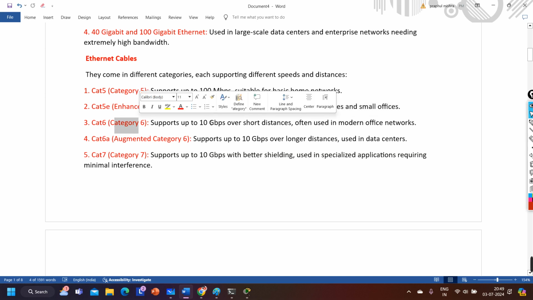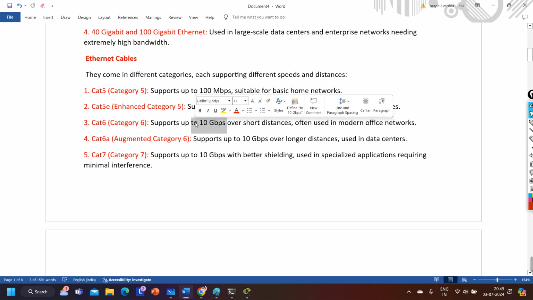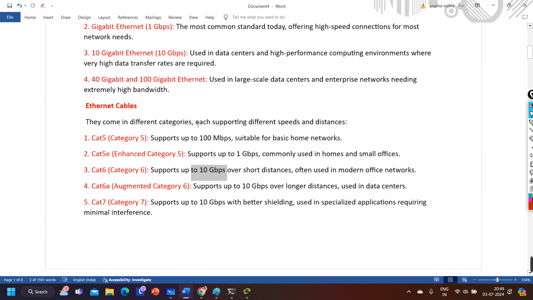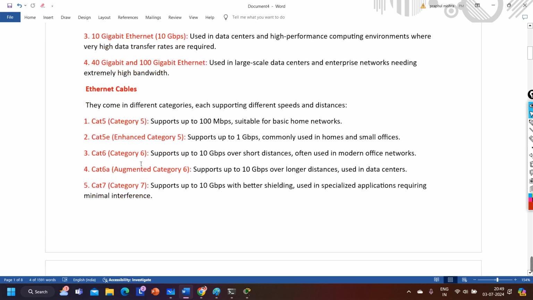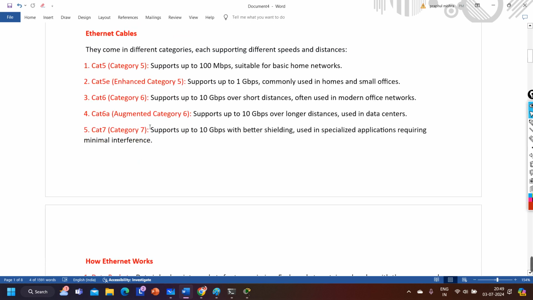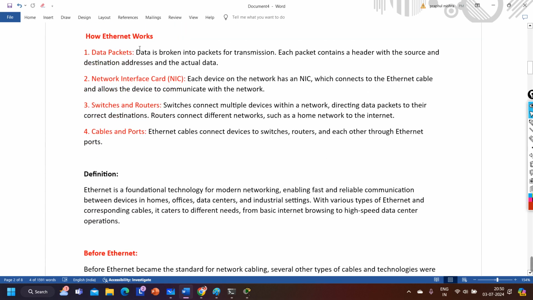Cat 6, category 6, supports up to 10 Gbps. So which cable are you using generally? This one, right? And this one. So which category will you be using? 6 or maybe 6A. Okay, so we have these categories of Ethernet.